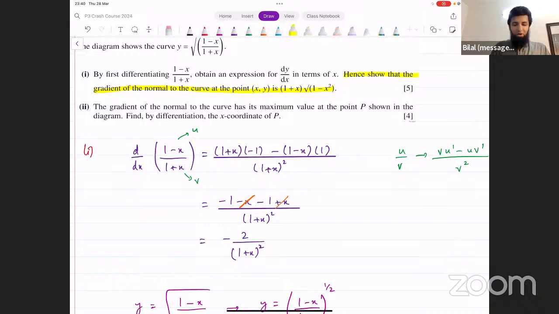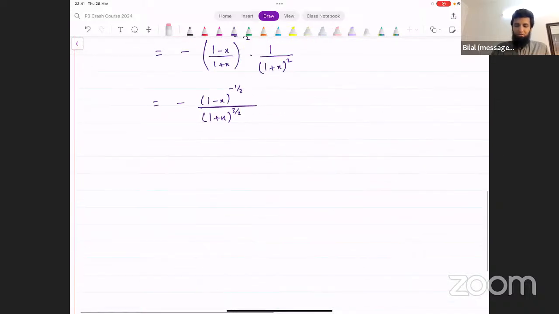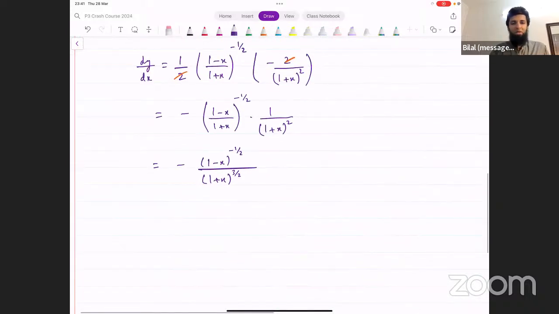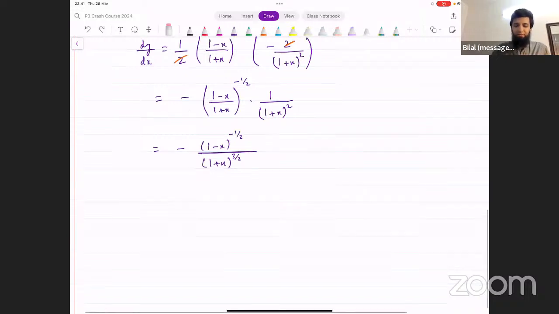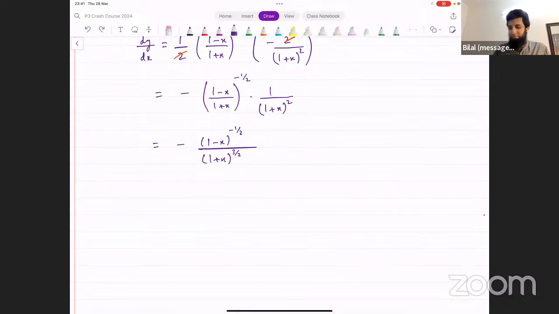What's the gradient of the normal? Normal is a line that is perpendicular to the curve at that point, right? So the gradient of normal is going to be negative reciprocal of this thing. That's all that you've got to do. Take negative reciprocal of this and see what that gives you.